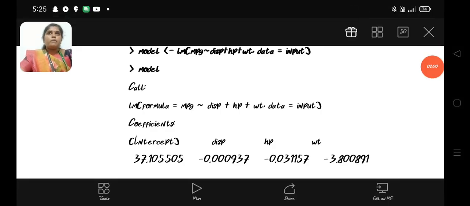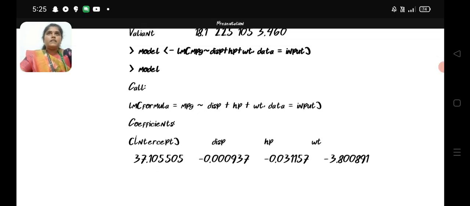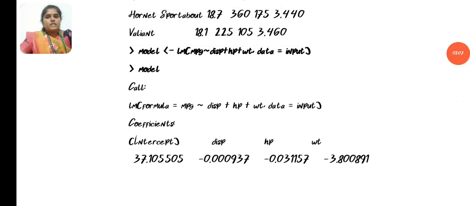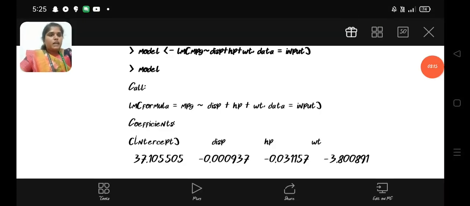So lm, bracket, the dependent variable, tilde, the independent variables. The mpg is dependent on these three: mpg is always dependent on disp, hp, and wt.